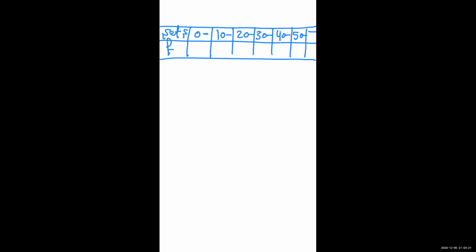Now it's 50 students, so I have to write down here 50. Then the frequency 2, 5, 8, 19, 14, 2. Okay, find the median mark of the students.